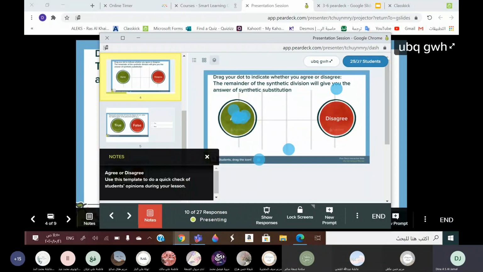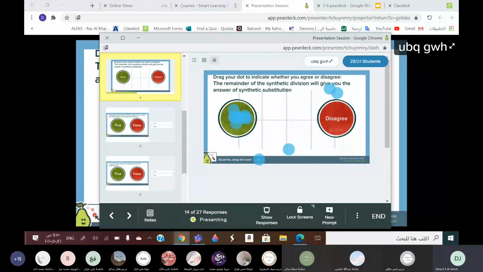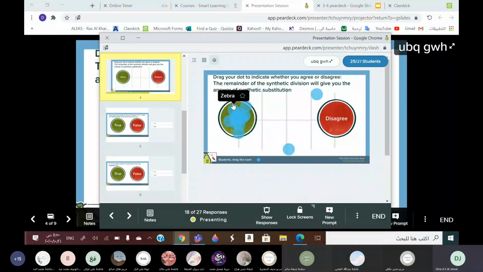So what about the flying dots? I have flying dots here. Maybe you don't know how to drag it. Choose whether you drag it to the right or to the left. Excellent. So I'm having most of you answering agree.